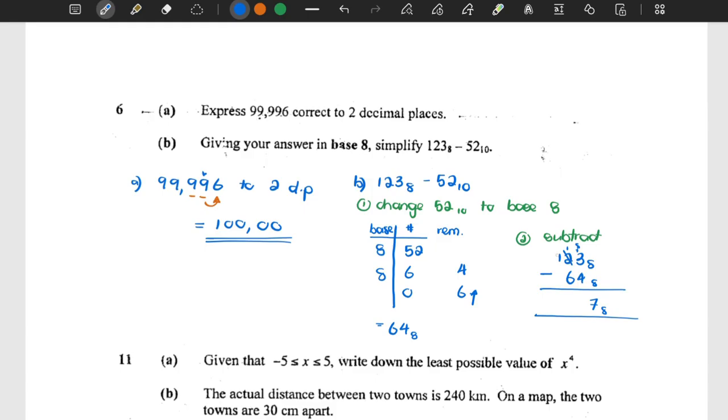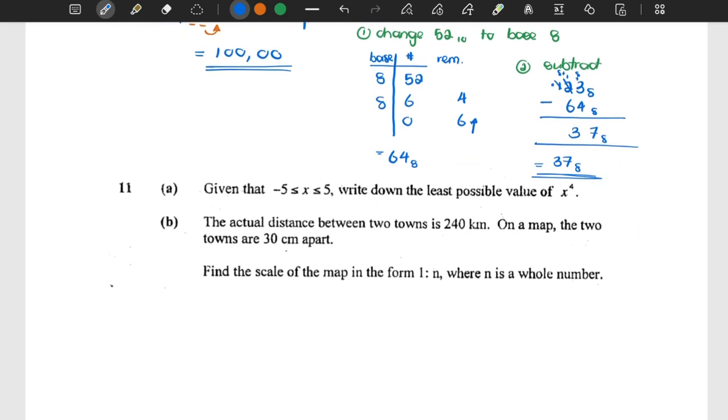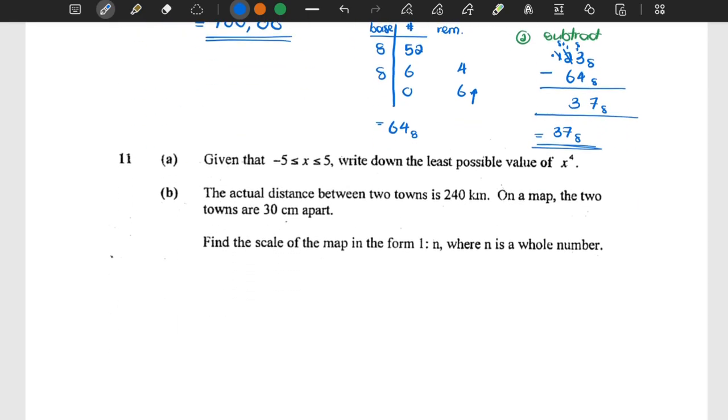Again, 1 minus 6, borrow a 1 here, then here it becomes plus 8. 8 plus 1, 9, minus 6 is 3. So now our solution is going to be 37 to base 8. That's the answer.